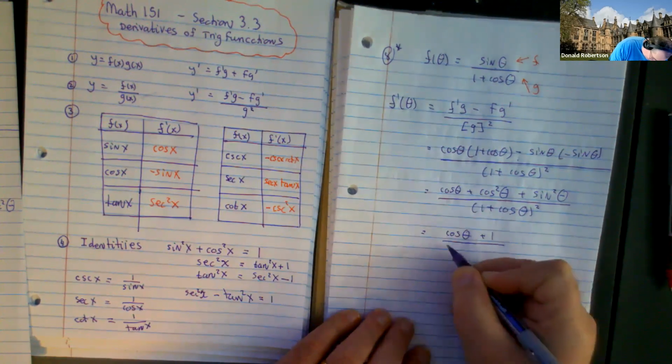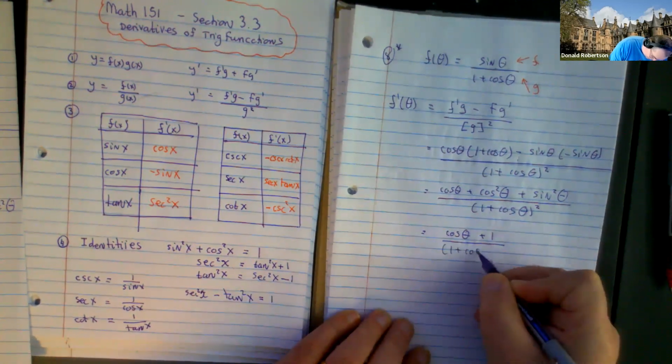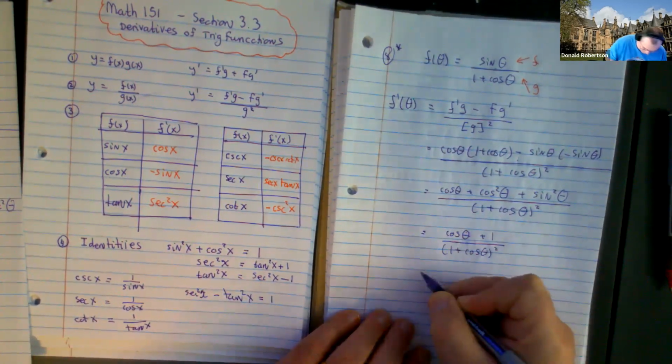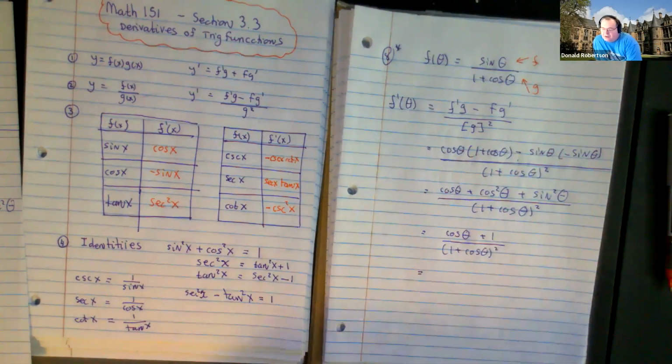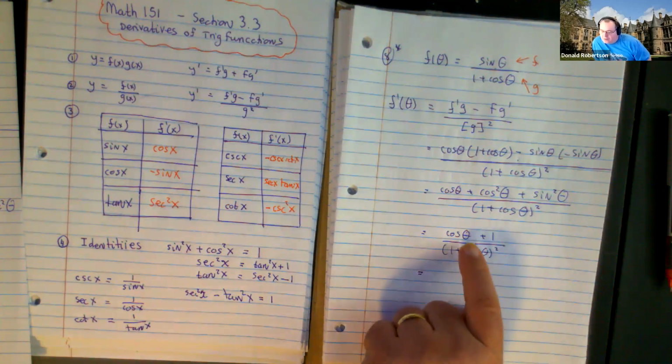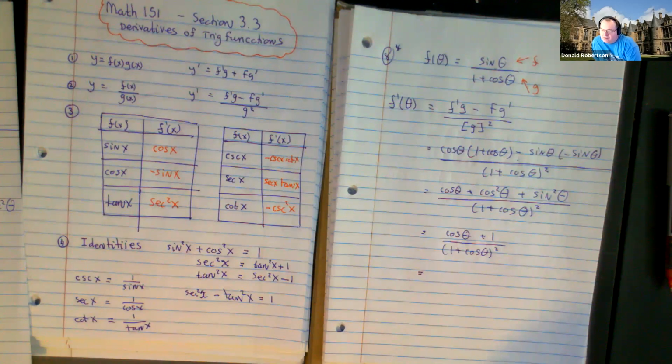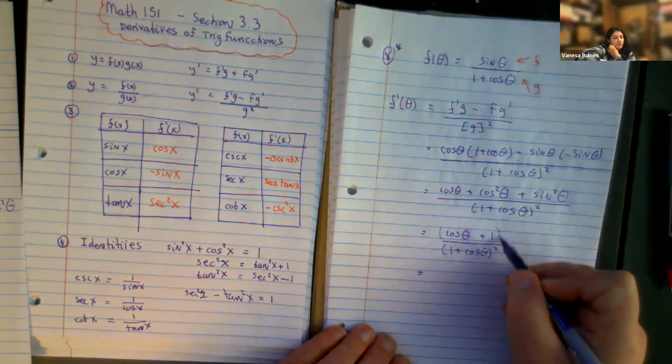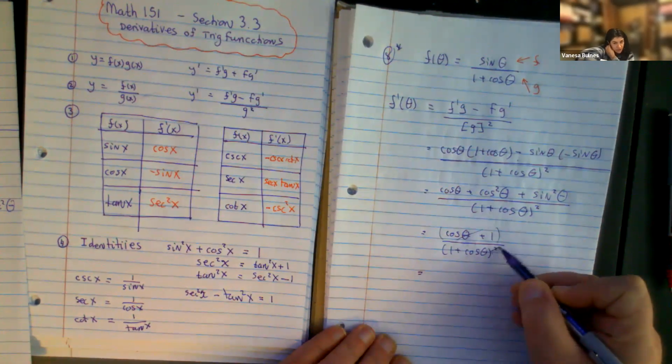And you should be saying, oh, that was nice. But we can do better. And sometimes you just have to see a thing in a different order. I mean, for instance, isn't cosine theta plus 1 the same thing as 1 plus cosine theta, right? It's the same thing. So have we got anything else we can do then? You can cancel the 1 plus cosine theta.